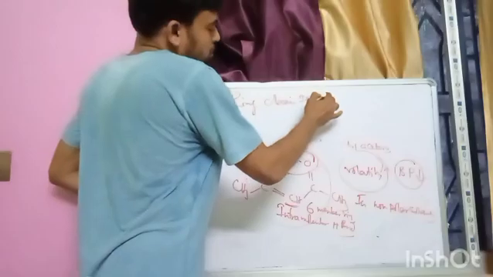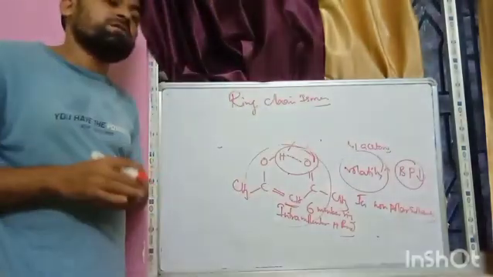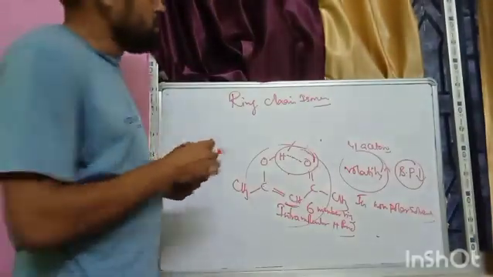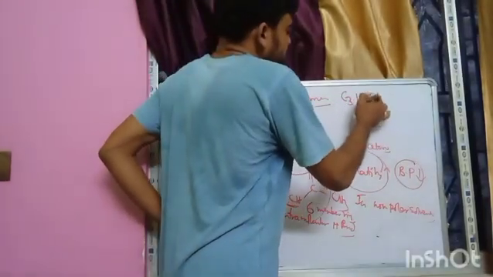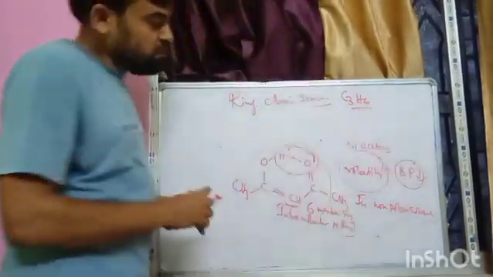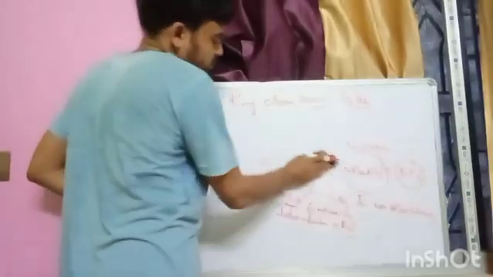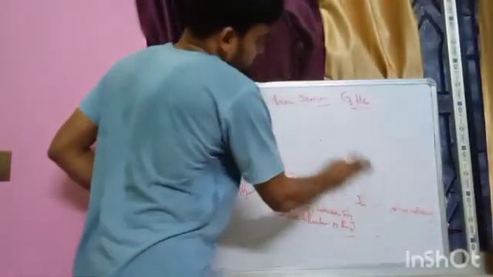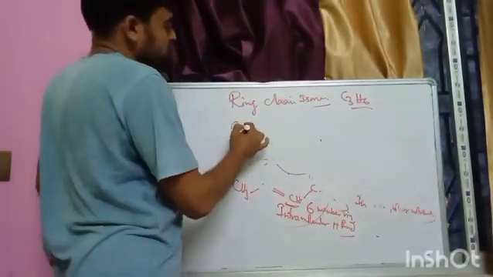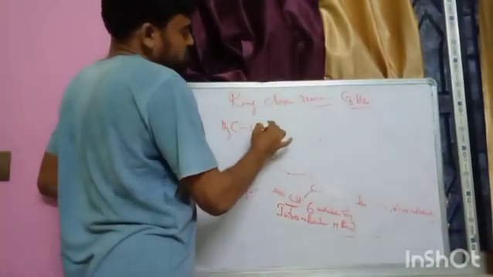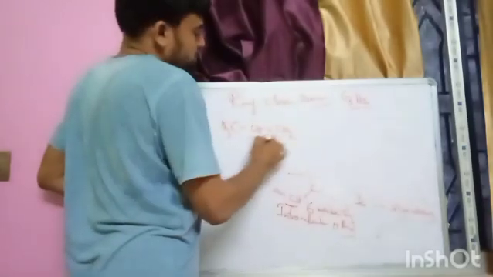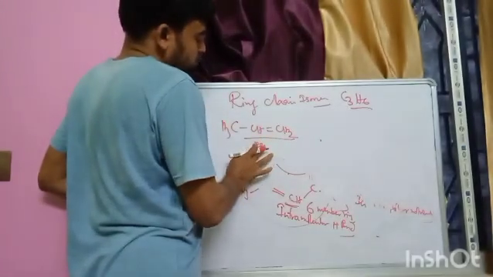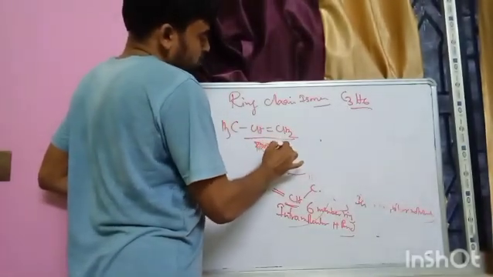Ring chain isomer. Its molecular formula is something like C3H6. C3H6 means it forms a ring and also a chain, such as CH3 CH double bond CH2. That is propene.